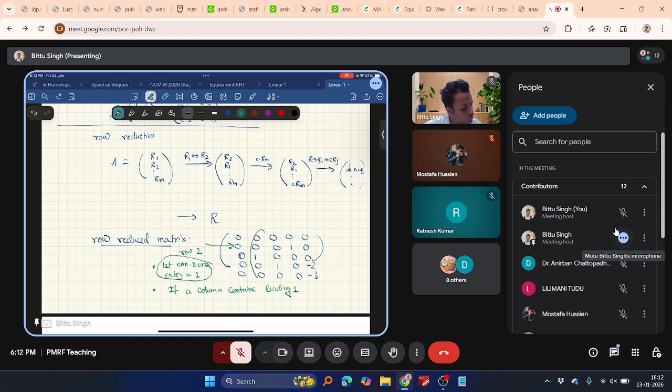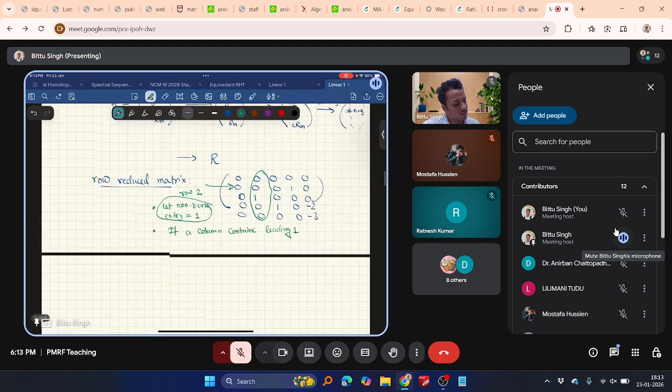For example, if we choose this, then it contains this leading one, because if you see the third row, then 1 is the first non-zero entry which appears in column 2. So all the other entries should be 0.